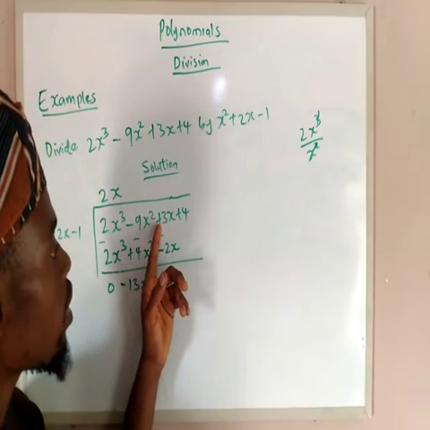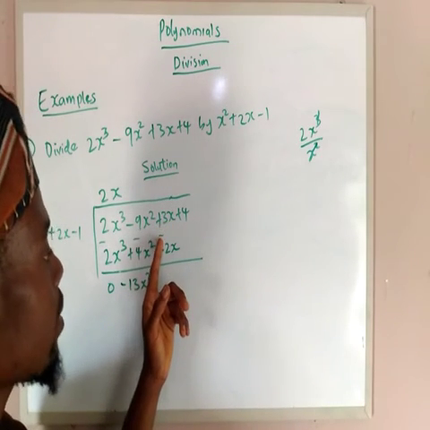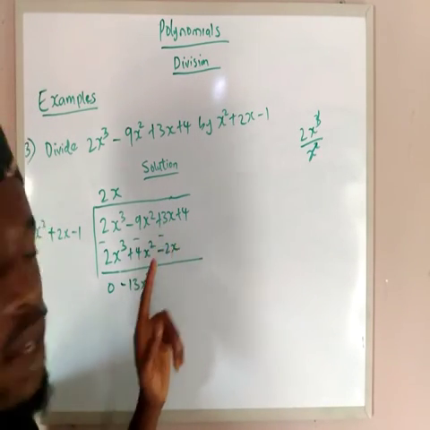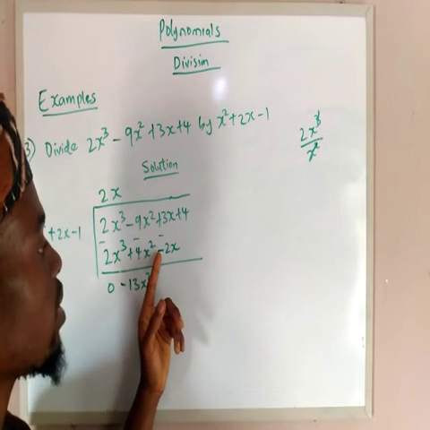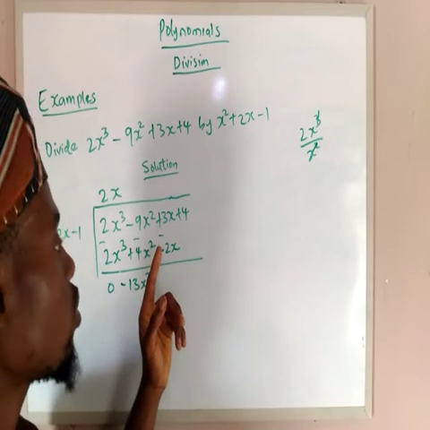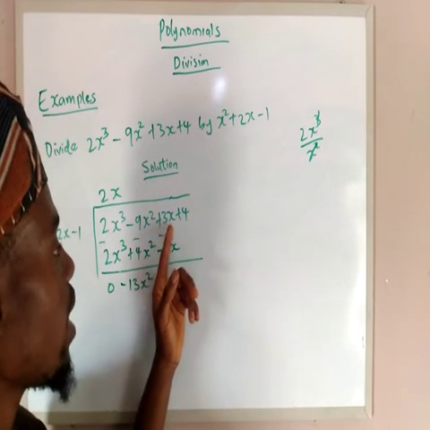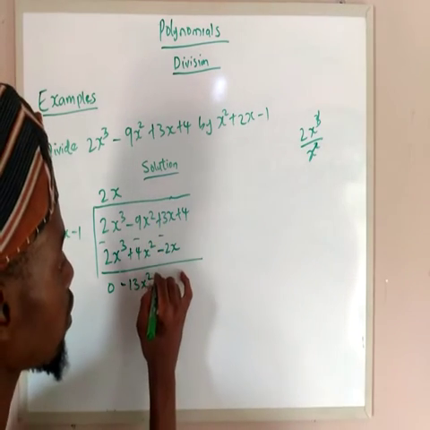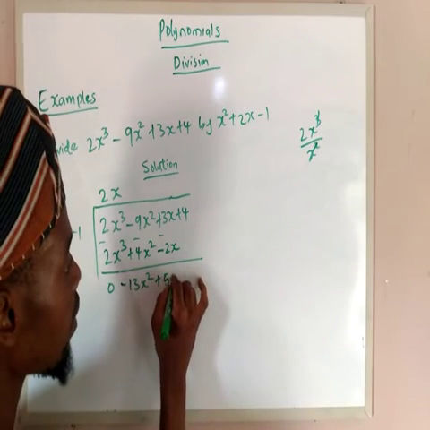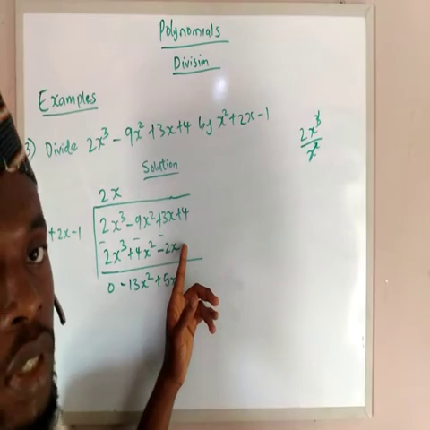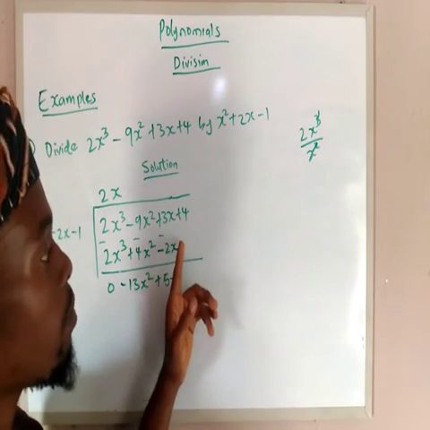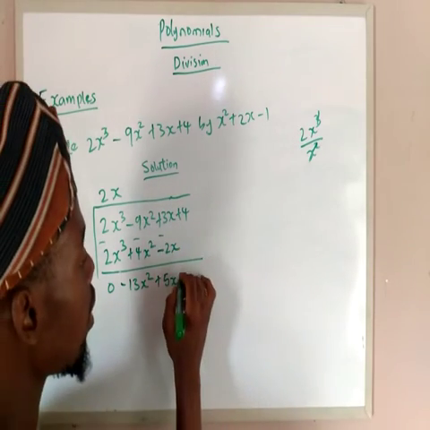We have plus 3x minus 2x. This minus will multiply this minus, so it will become plus 3x plus 2x, and that will give us plus 5x. And there is no constant term here, so we assume it to be 0. And this is plus 4 minus 0. It will still give us our plus 4.